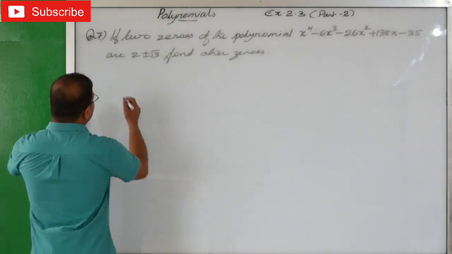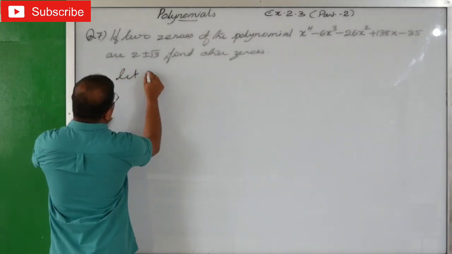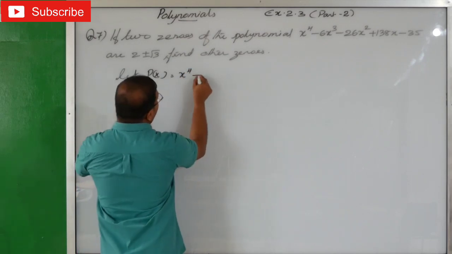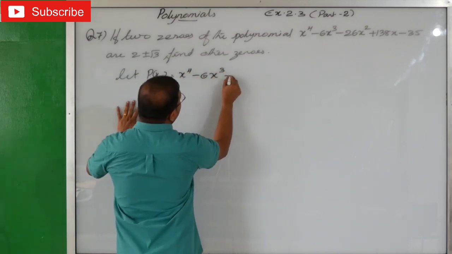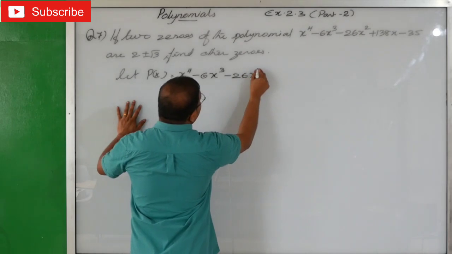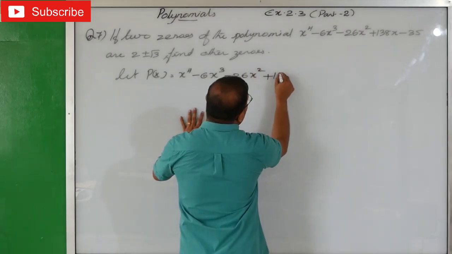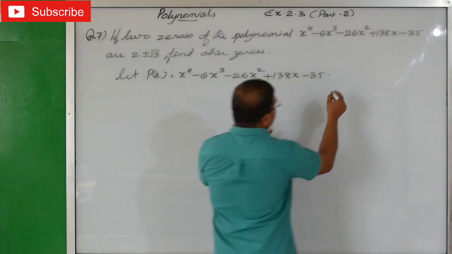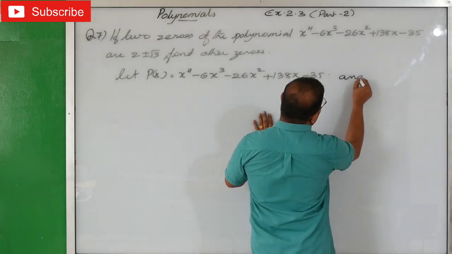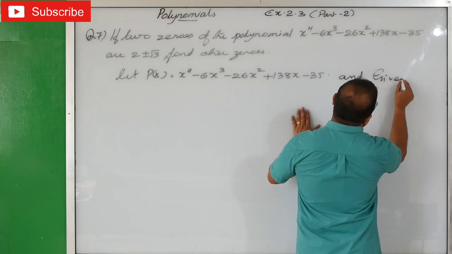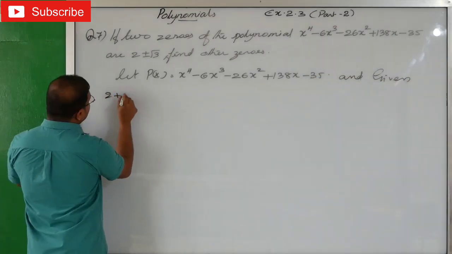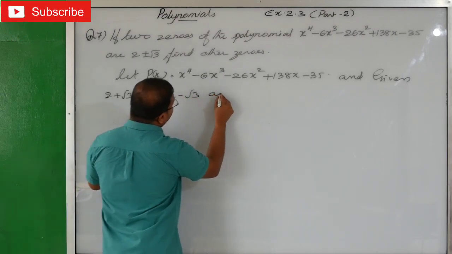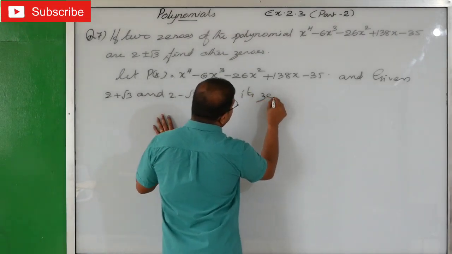Ready? So what you will do? Let the given polynomial, let p of x equal x raised to 4 minus 6x cube minus 26x square plus 138x minus 35, and given 2 plus root 3 and 2 minus root 3 are its zeros.